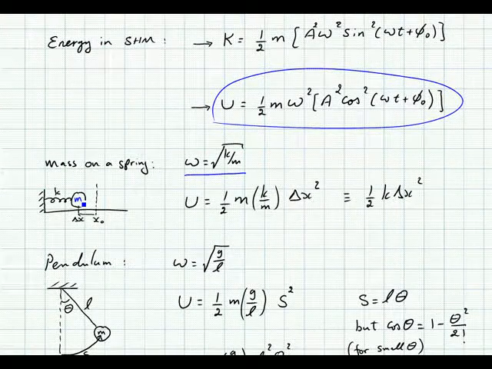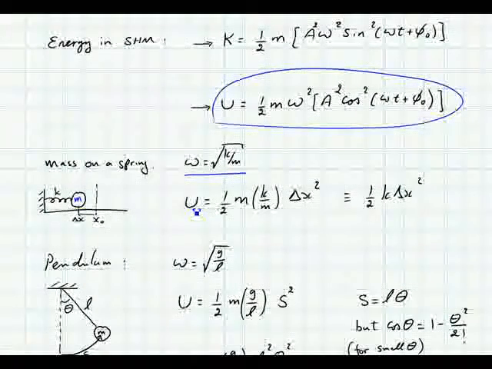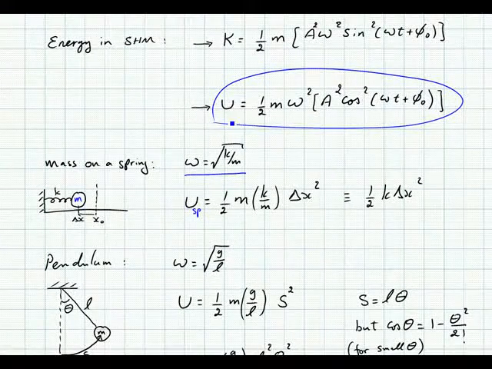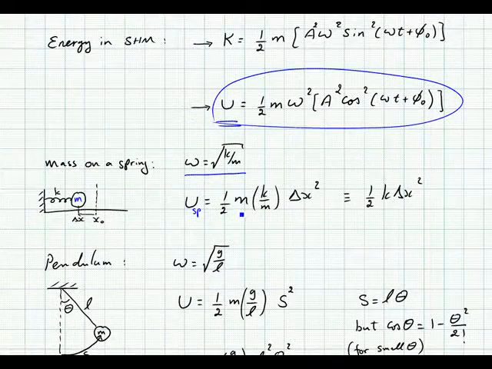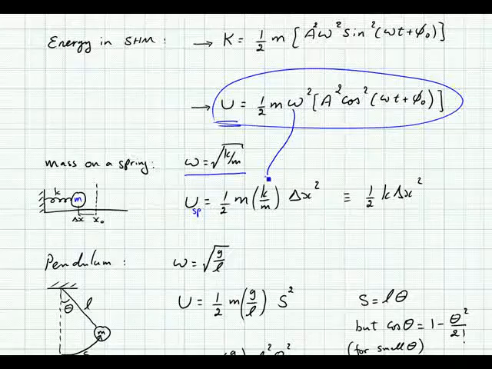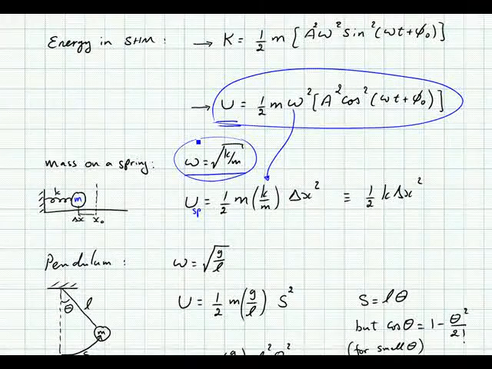So the potential energy of an oscillating mass on a spring, using this expression up here, is 1/2 of m. Now for omega squared we substitute in the square root of k over m, so that's k over m.